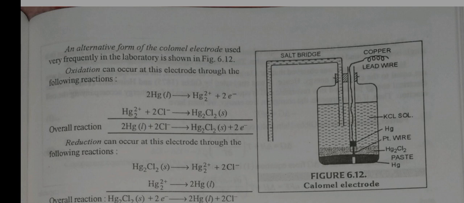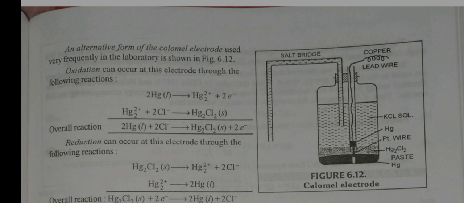2 moles of mercury gives mercurous ions plus 2 moles of electrons, and mercurous ions plus 2 moles of chloride ions gives mercurous chloride. Therefore, 2 moles of mercury plus 2 moles of chloride ions gives mercurous chloride plus 2 moles of electrons, which is the overall reaction.